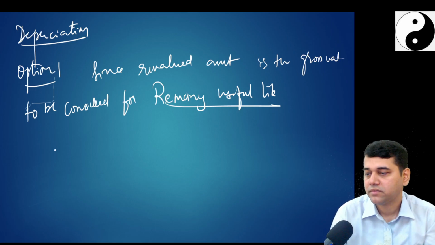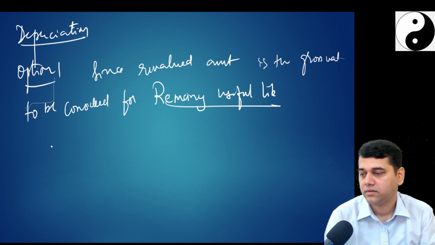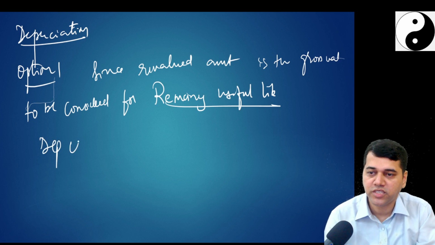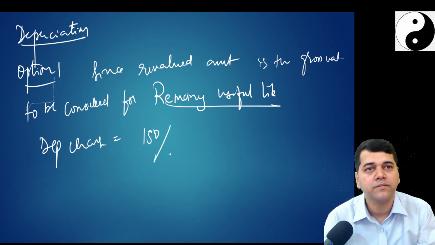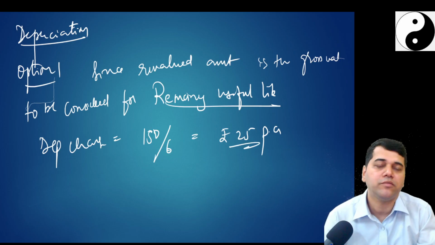Underline this. Therefore, depreciation charge will be 150 divided by how many years? 6 years. That means rupees 25 per annum.